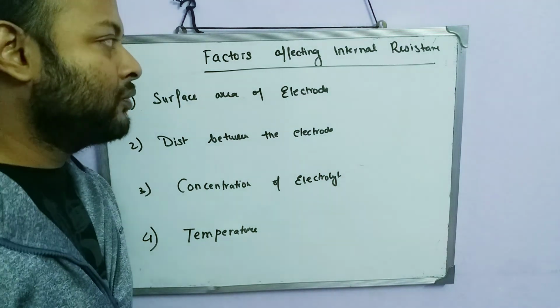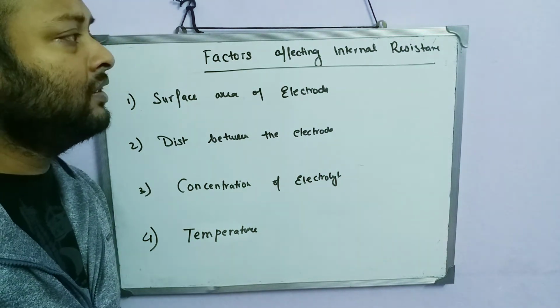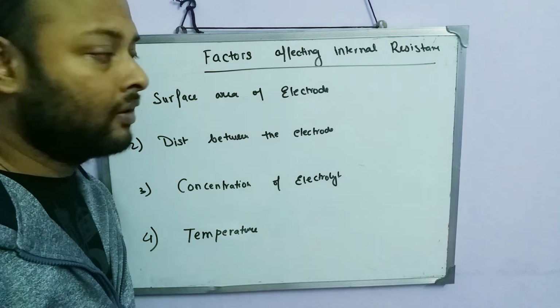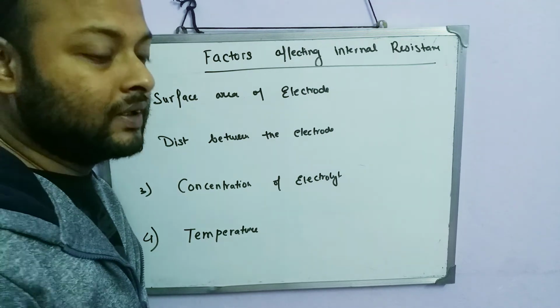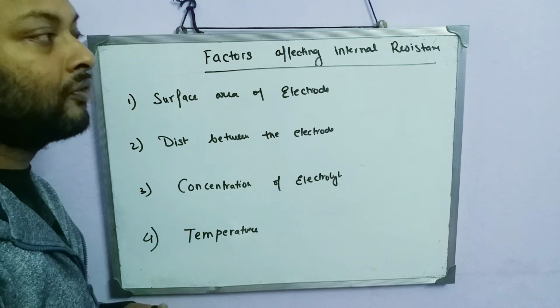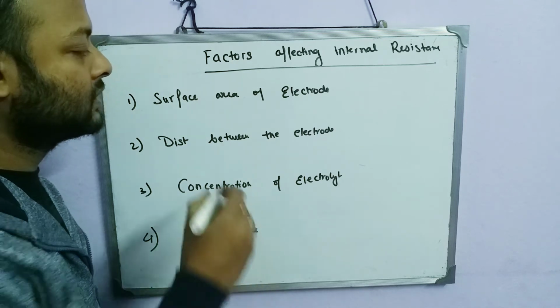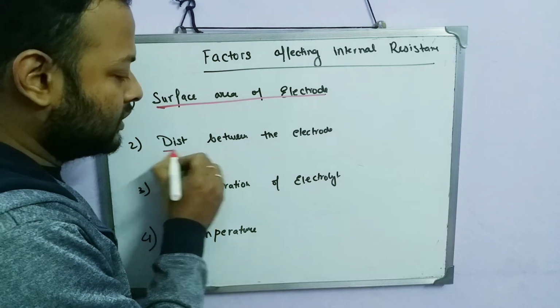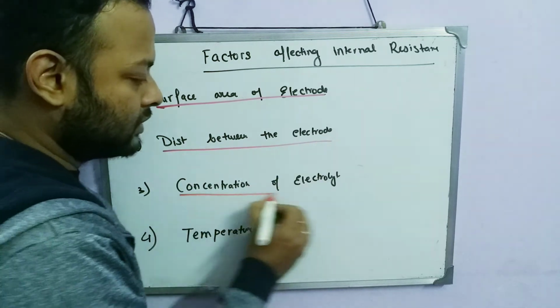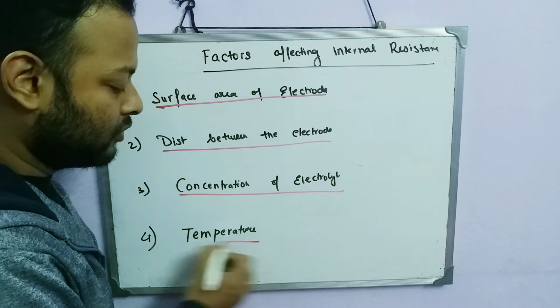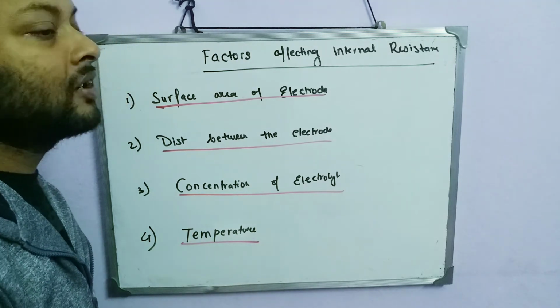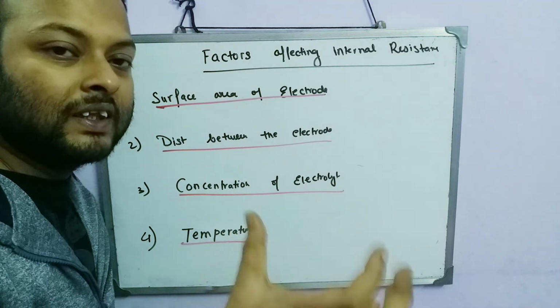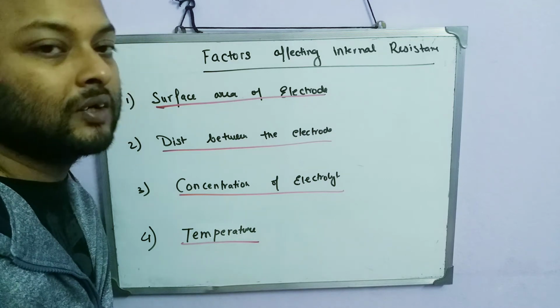Now in the last part we'll discuss the factors affecting internal resistance. There are four factors which affect the internal resistance. One is the surface area, another is the distance between the electrodes, third is the concentration of electrolyte, and fourth is temperature. Now surface area of electrode: if you have taken thicker electrodes, they will have more surface area.